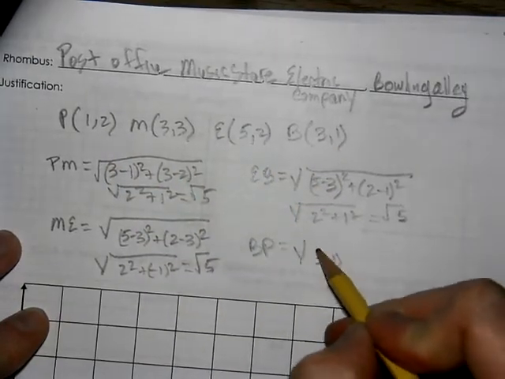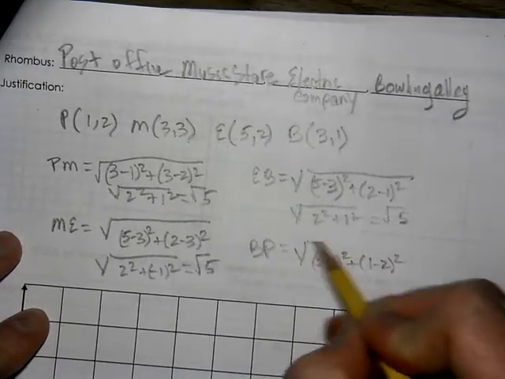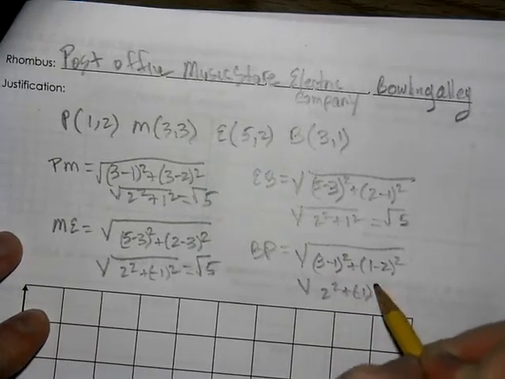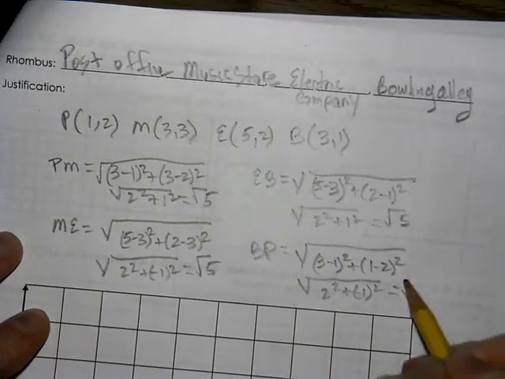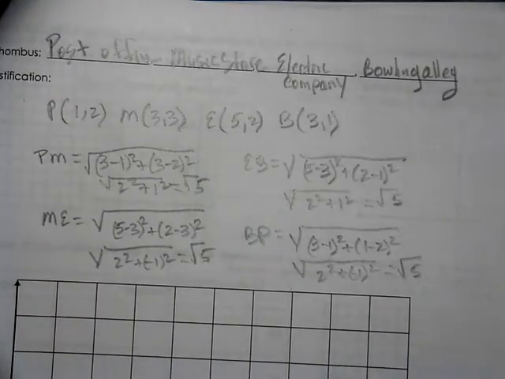Which is 3 minus 1 and 1 minus 2. 2 squared and negative 1 squared. Square root of 5. That gave us 4 sides that were all the same length. That's a rhombus.